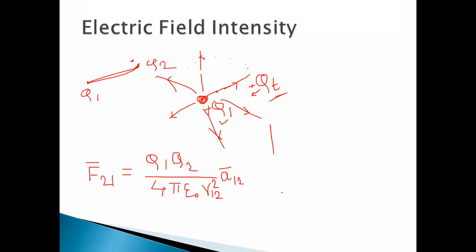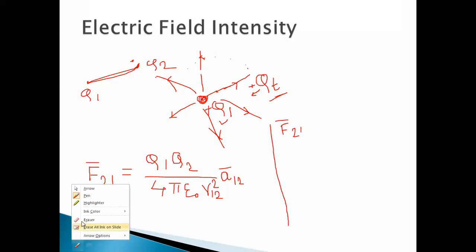So we can write the equation for F bar 21 with, instead of this 2, the test charge Qt. So F bar T1 is equal to, now just tell me the charges, how can we write this equation?